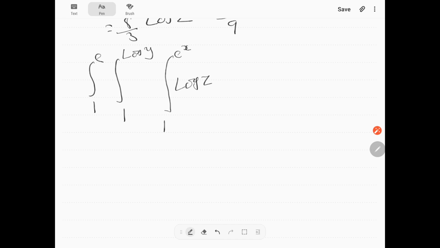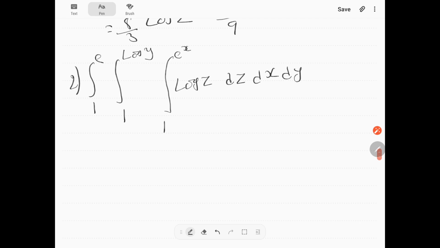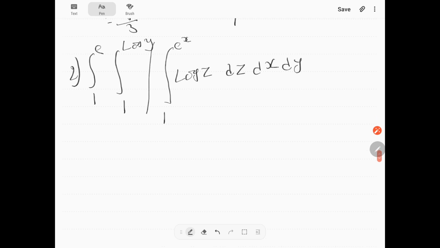Consider them as functions of x and y. Therefore, these are the limits for z. Once the z limits are over, the other two variables are x and y. Because they are functions of y, they are the limits for the variable x, and the last one will be y. This is what we have to evaluate. So this is the second question. Now we need to evaluate this.